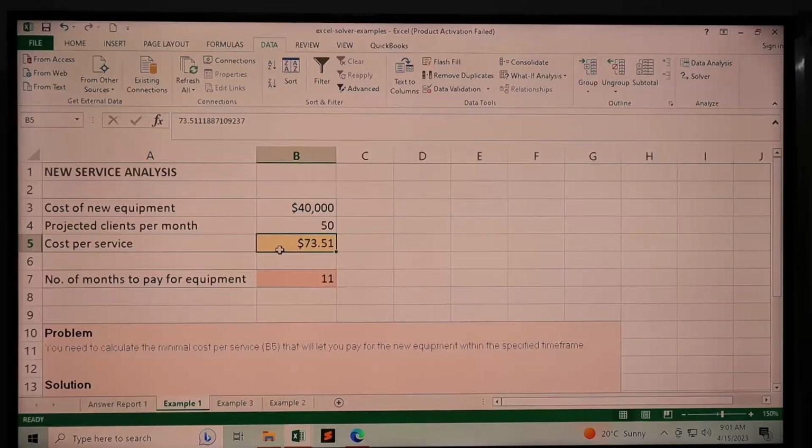Yeah, the amount was 66.67. And now you can run again.